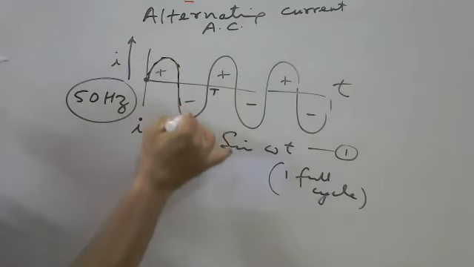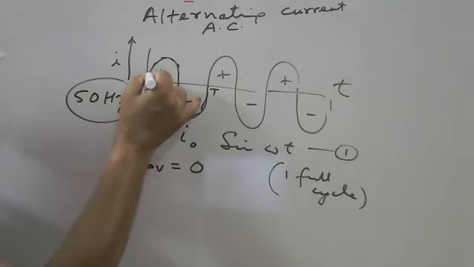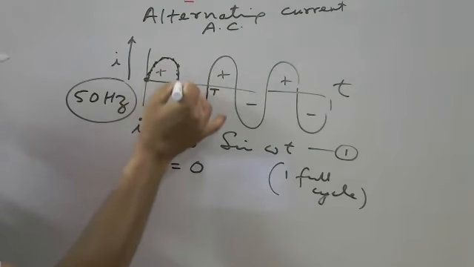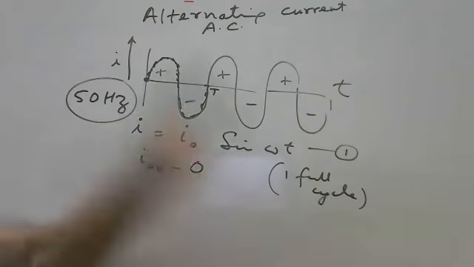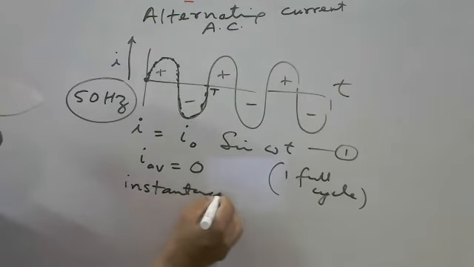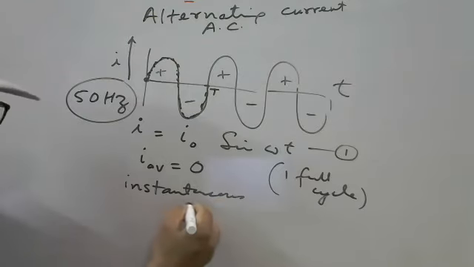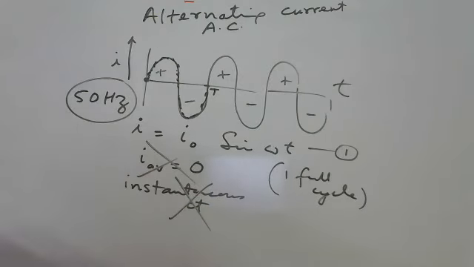In one cycle, how much time is it taking? 1 by 50 seconds. It is very little time, and the instantaneous value changes at very fast speed. In one cycle even, there are infinite values. So instantaneous values of current and voltage cannot be measured. The average value cannot be measured.